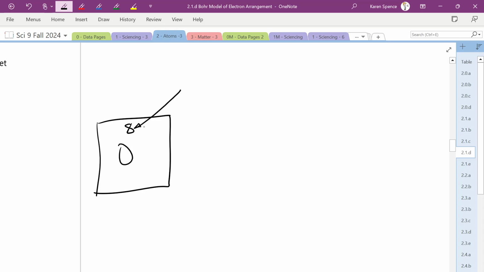Tell your partner. It's called the atomic number. What does it tell you? The number of protons. And if we have a neutral atom, it is also the number of electrons.